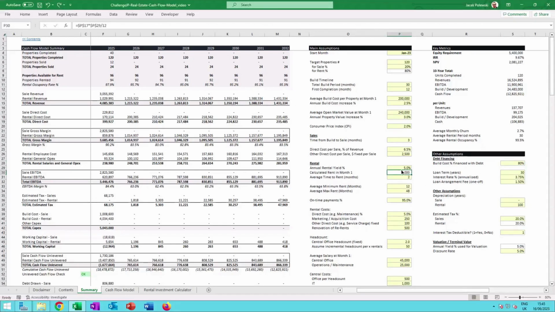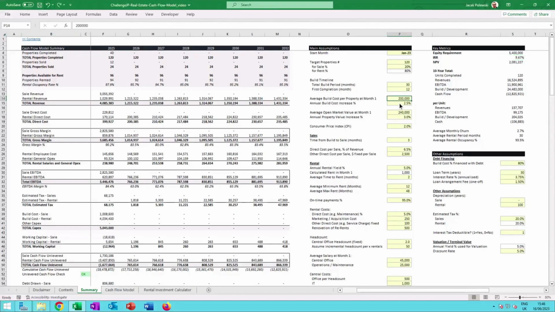For example, let's see what happens if your build cost is higher. So, for example, you will increase your build cost by 5%, from 200,000 per building to 210,000 per building. Again, you see that your returns went down and also your level of equity requirement went up.